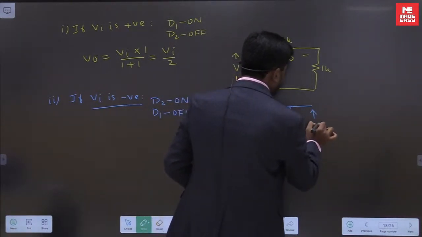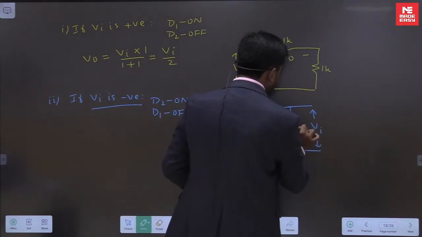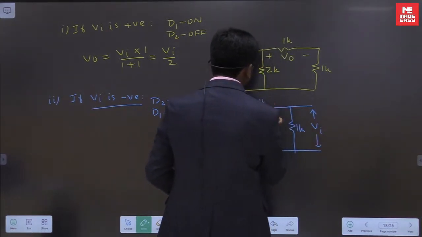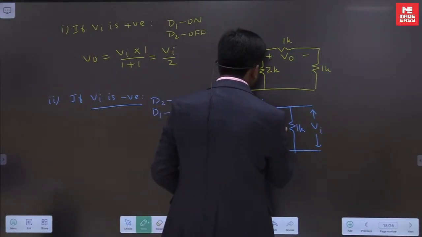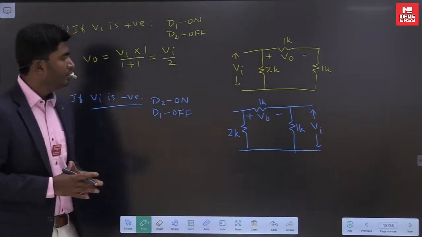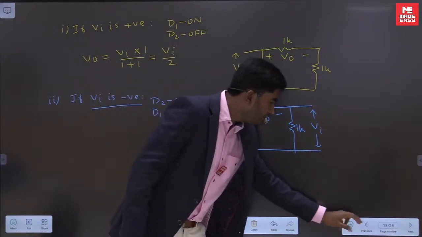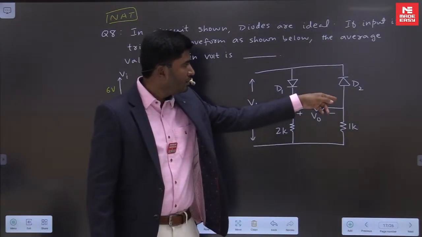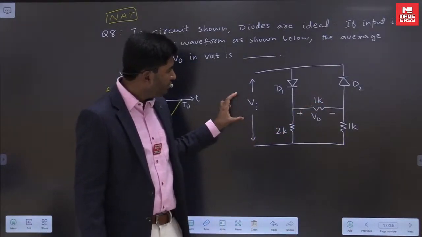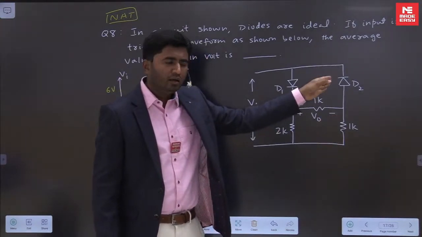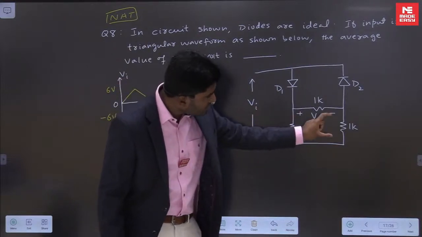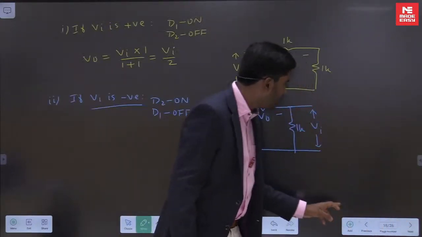Input will be visible here. This is 1K, 1K and 2K, and this is V0. Fine. I hope everybody understood this part. When D2 becomes on, the input will appear across this 1K, so I have shown that input here.